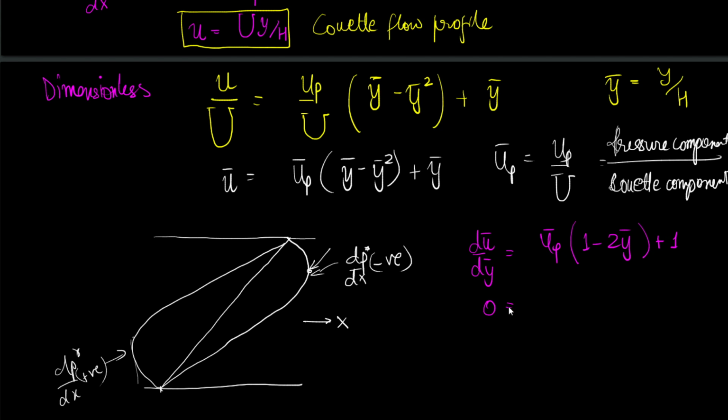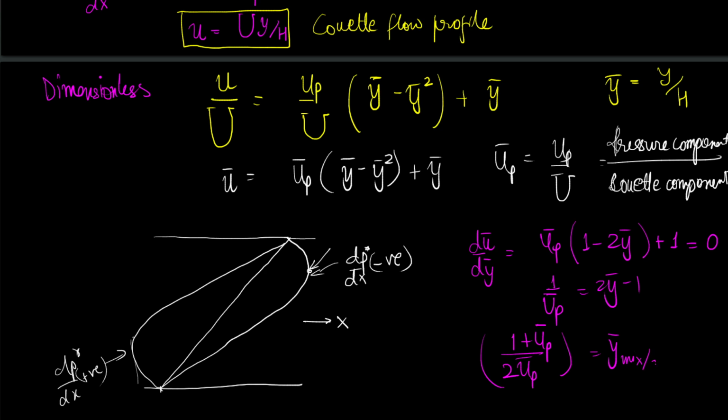In order to find the maximum or the minimum velocity, this has to be equal to 0. So 1 upon up bar is equal to 2y bar minus 1, so y bar is (1 plus up bar) upon up bar, divided by 2. This will be the location of the extrema of the velocity.